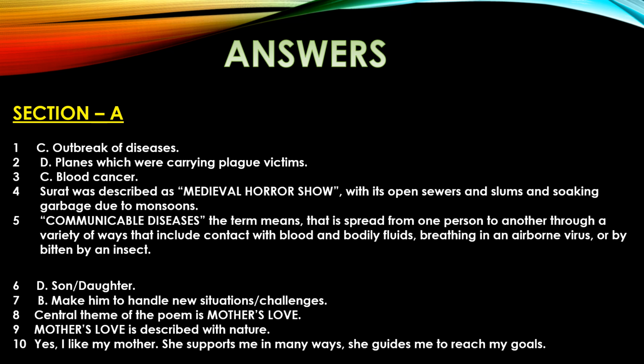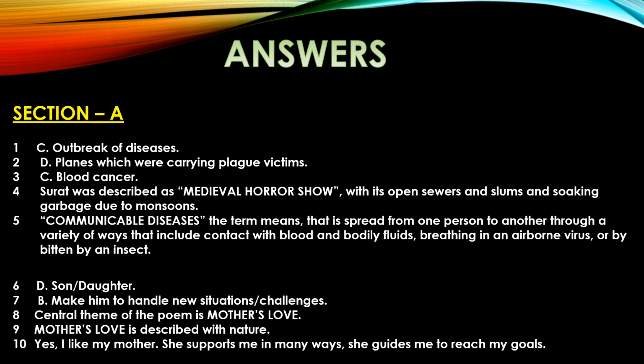Hope you understand about the summative assessment 2 question paper. Here are the answers. When you write the answers in your booklet, they will be like this. For section A, in questions 1 to 5, 3 are multiple choice questions and the remaining 2 are very short answers.